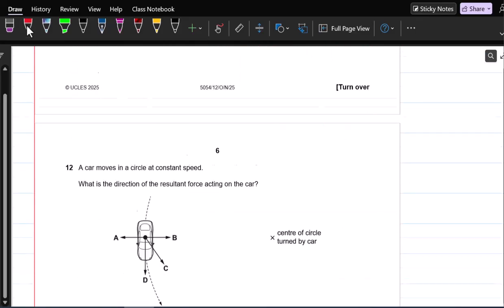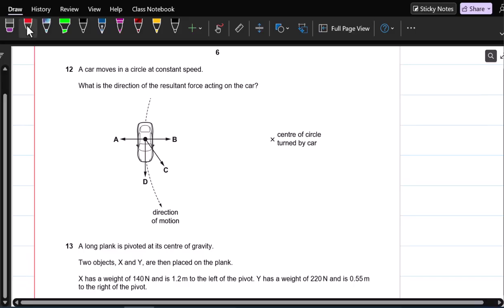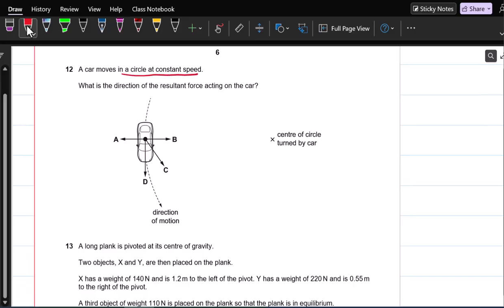Moving to question number 12. A car moves in a circle at constant speed. It is regarding circular motion. What is the direction of the resultant force? So, dear students, when an object moves in a circular motion, the resultant force, or you can say the centripetal force, acts towards the center.